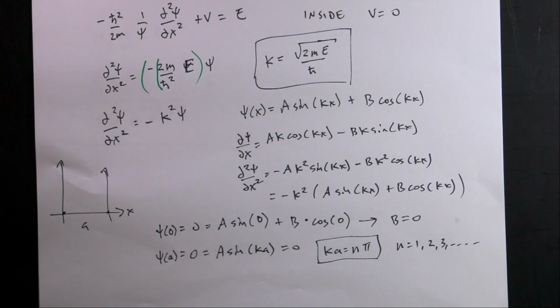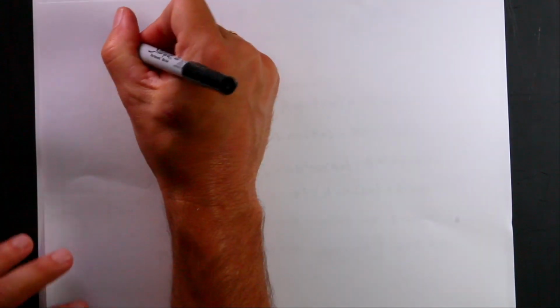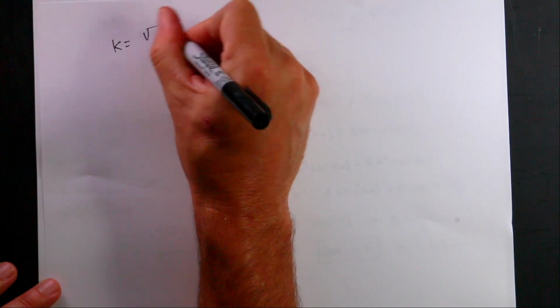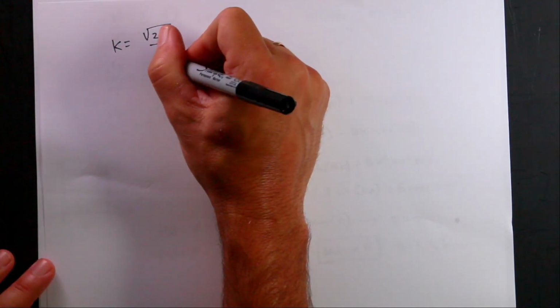Remember that k equals n pi over a, but I know something about k, right? I know that k is the square root of 2mE over h bar.